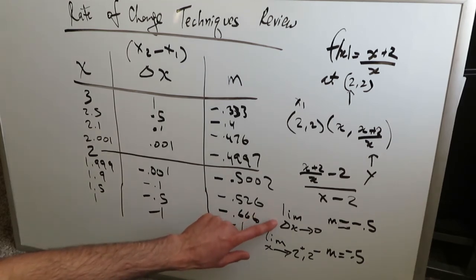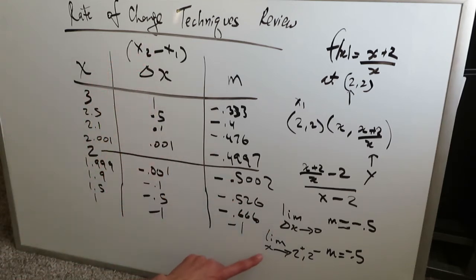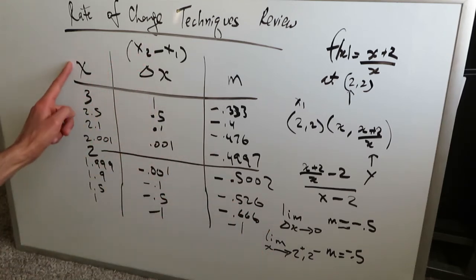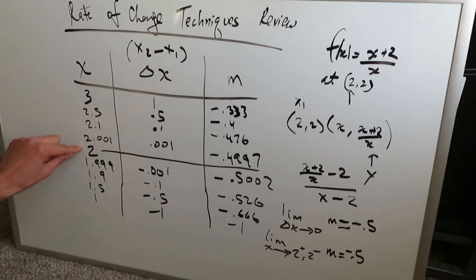We can either do a limit in terms of change in x, right here, or we can do a limit in terms of the x values we're using, our experimental values. As these experimental values move from a rightward direction towards 2 or from a leftward direction towards 2, our instantaneous rate of change, which is represented by the slope, becomes minus 0.5 or minus 1 over 2.